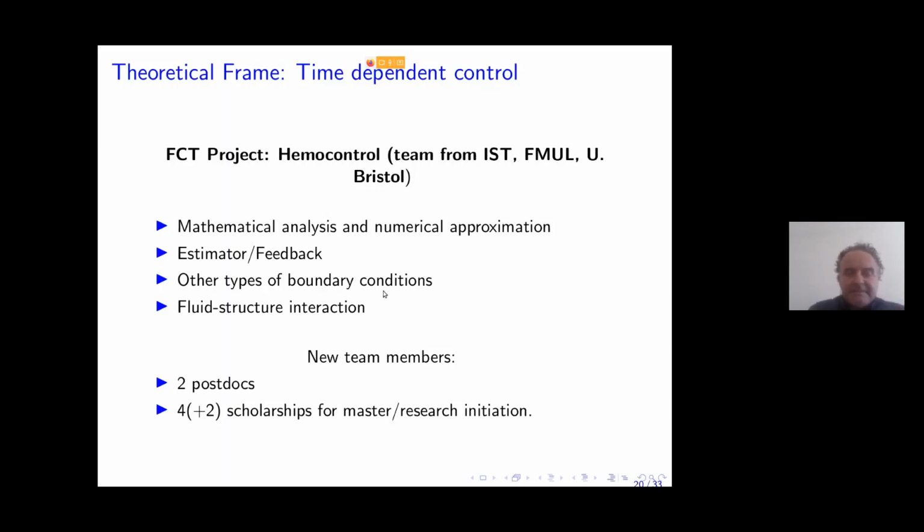Of course, by doing that, we can also evaluate the possibility of using other types of boundary conditions, or other types of control approach, like a feedback control approach. And in the limit, one might try to do the analysis with fluid-structure interaction. That will be much harder. There are some works in more simple versions.